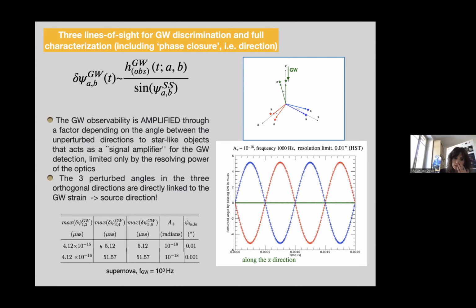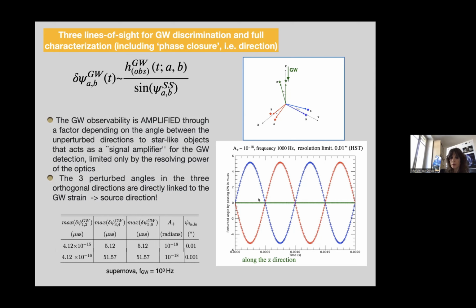Here there is, for example, a supernova with a frequency of 10 to the 3, a frequency of 1000 hertz. And then we can have a signal around the microsecond. And we can improve it by an order of magnitude if we play with the optical resolution.